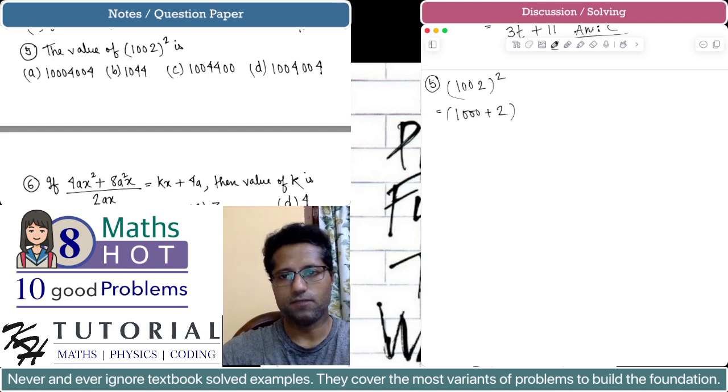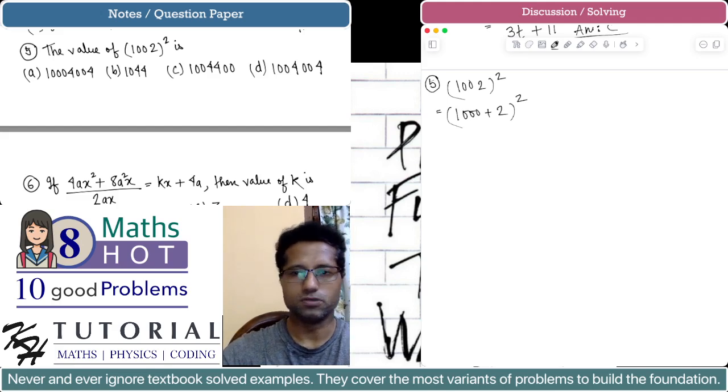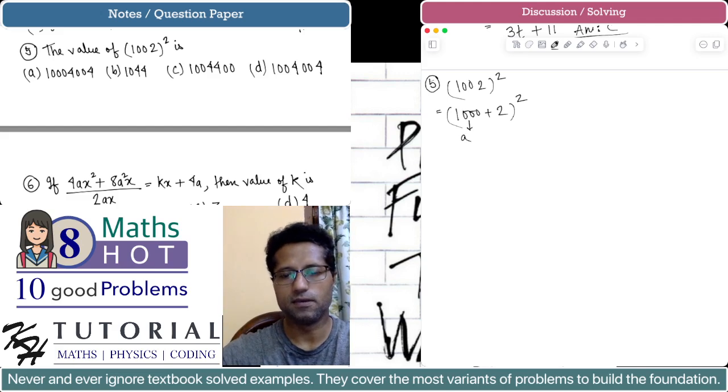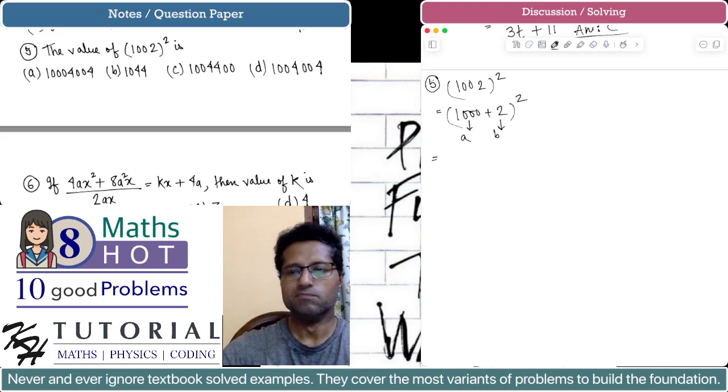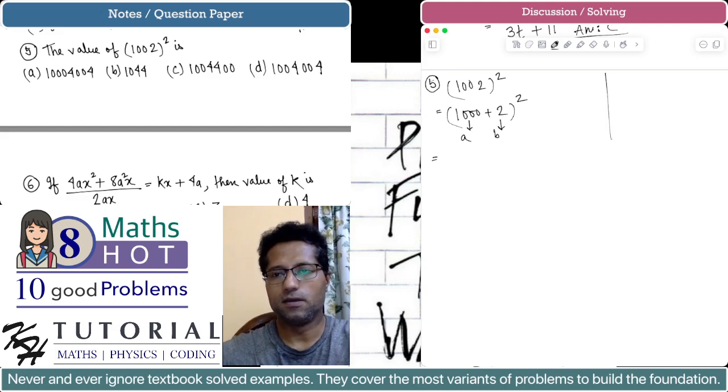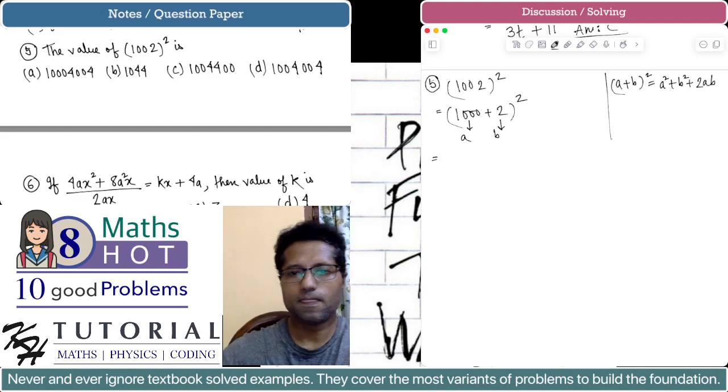So we can see we are having a plus b whole square. You can consider 1000 as a, and 2 as b. So we can use the algebraic identity, that is a plus b whole square is equal to a square plus b square plus twice ab.